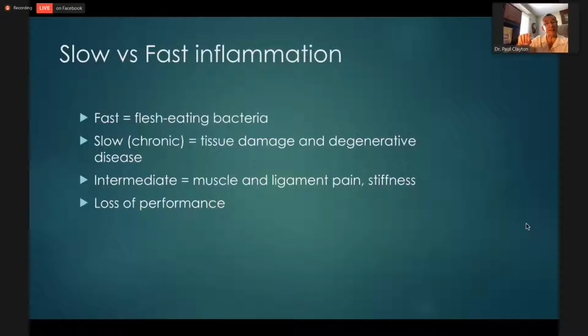You will end up with excessive breakdown of connective tissue, and you will not see the improvement in performance, in stamina and fitness to anything like the levels that you deserve and that you should have were you eating a more evolutionarily suitable diet. And of course, at the end of the day, as any performer knows, this results in loss of performance. Next slide, please.